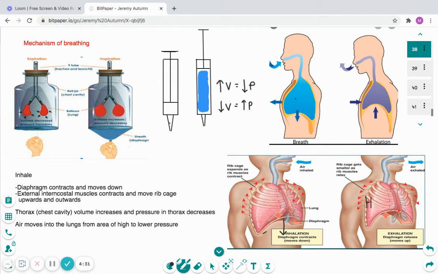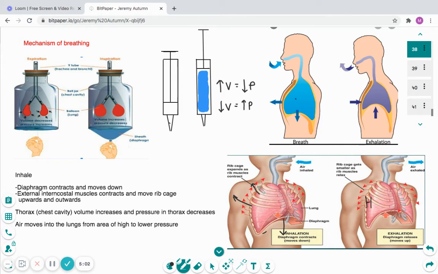That's going to make the bottom part of the chest cavity increase in volume. We also need another muscle contraction to occur. We've got something called external intercostal muscles, and these muscles are responsible for contracting and pulling the rib cage up and out. So we've got a downward movement of the diaphragm, and we've got the ribs moving up and outwards.